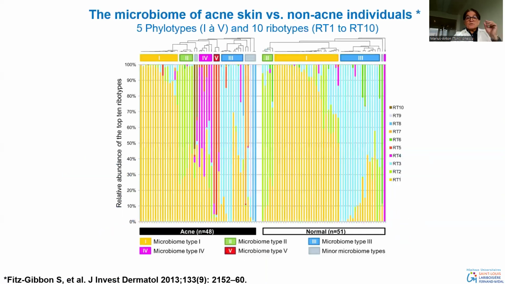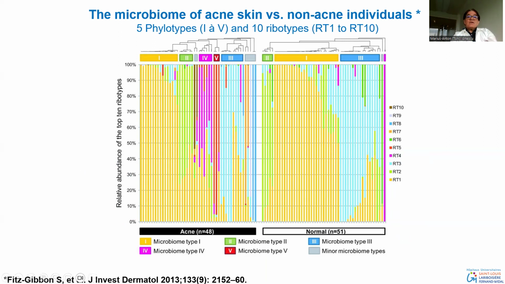This was an article that was published some 11 years ago by an American team, Fitzgibbon, in the Journal of Investigative Dermatology, and you can see on the right part of the screen the composition of the 10 ribotypes of C. acnes. The right part is non-acne patients, the left part is acne patients.